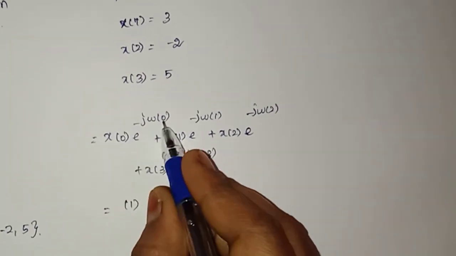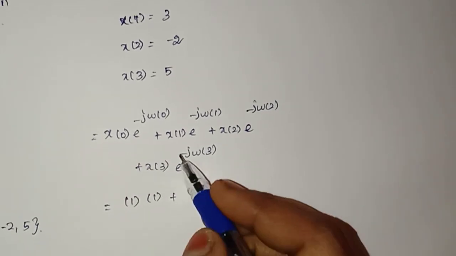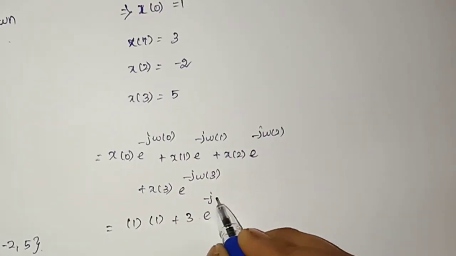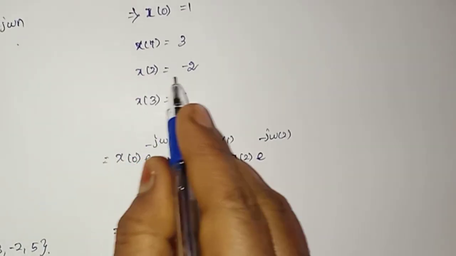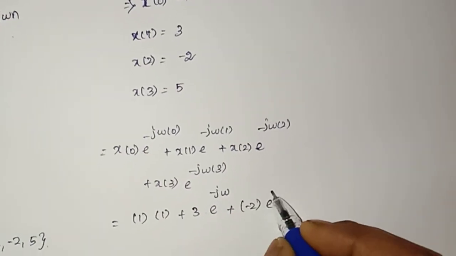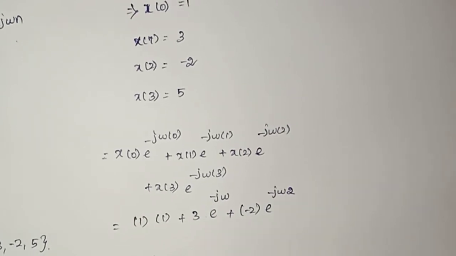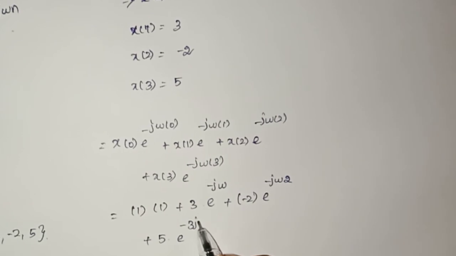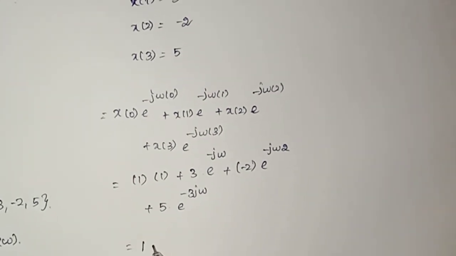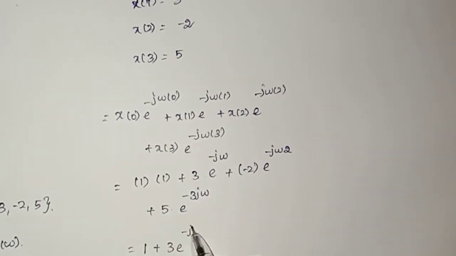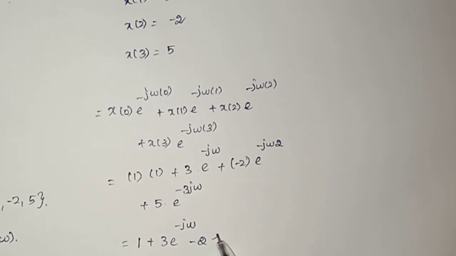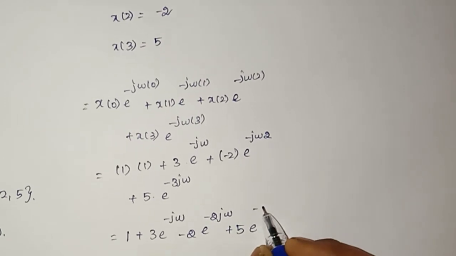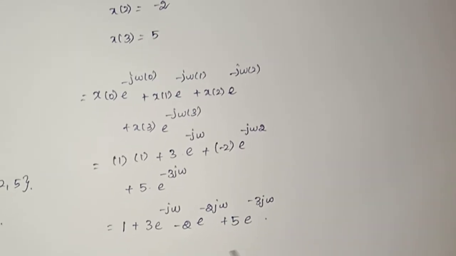We know x of 0 value is 1 and e power 0 is 1, plus x of 1 value 3 and e power minus j omega, plus x of 2 value minus 2 e power minus j omega 2, plus finally x of 3 value 5 e power minus 3 j omega. So the answer is 1 plus 3 e power minus j omega minus 2 e power minus 2 j omega plus 5 e power minus 3 j omega.